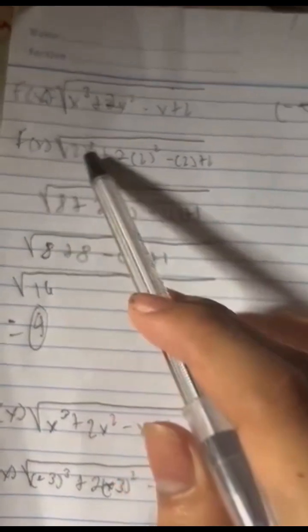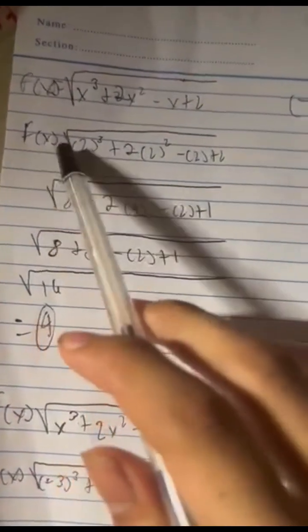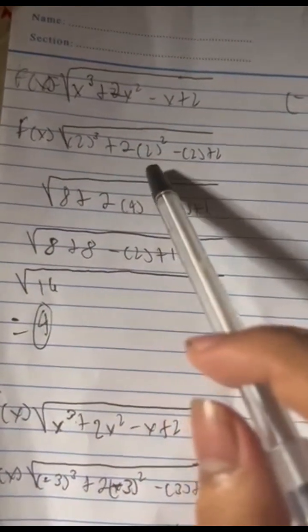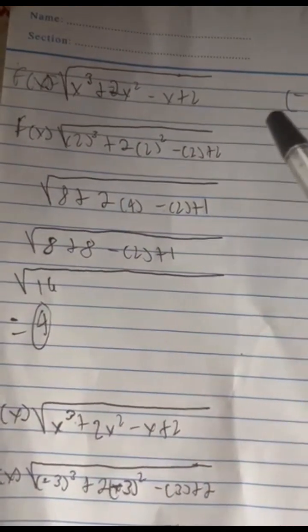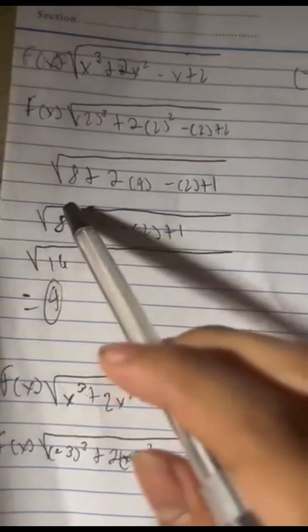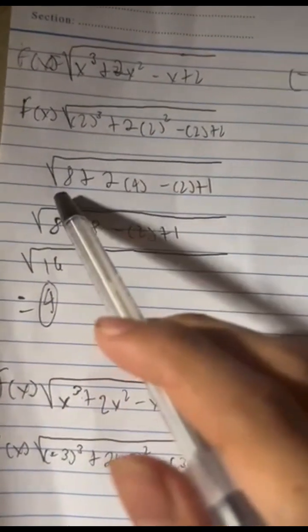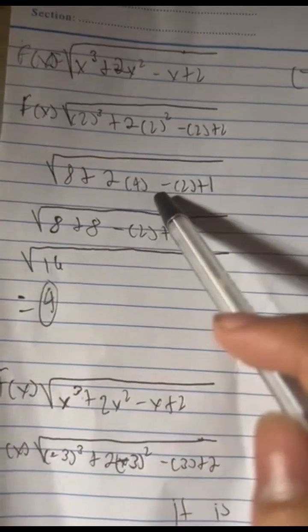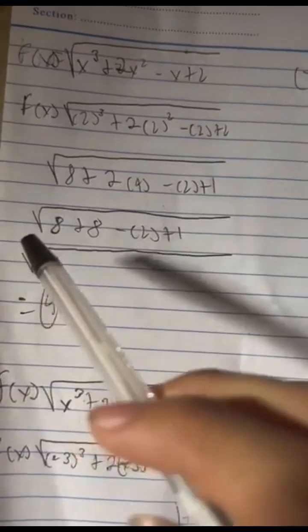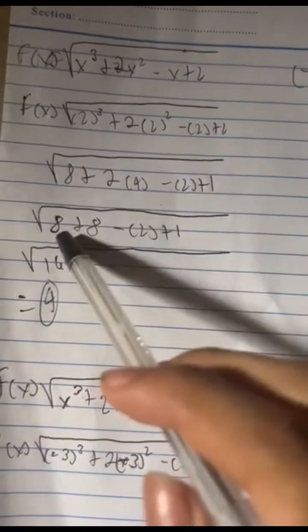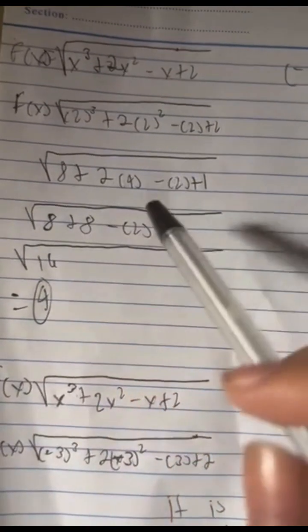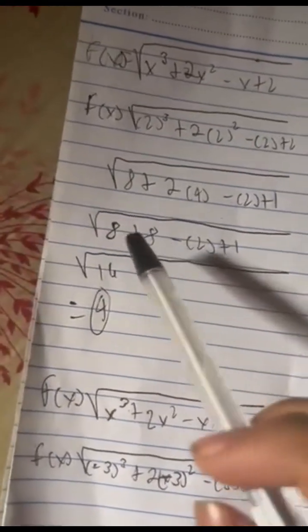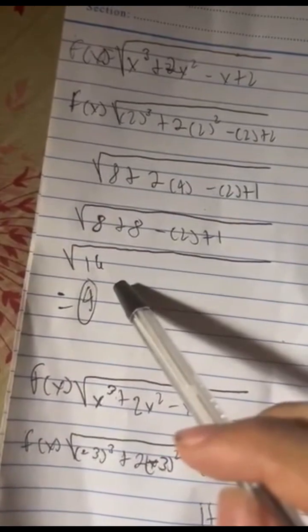So f of x is the square root of quantity 2 cubed plus 2 times quantity 2 squared minus quantity 2 plus 2. Since 2 cubed is 8, plus 2 times 4 is 8, so 8 plus 8 is 16, and negative 2 plus 2 is 0. So our square root of 16 is equal to 4.